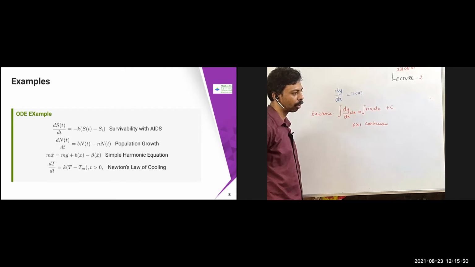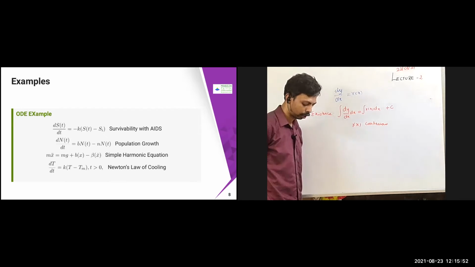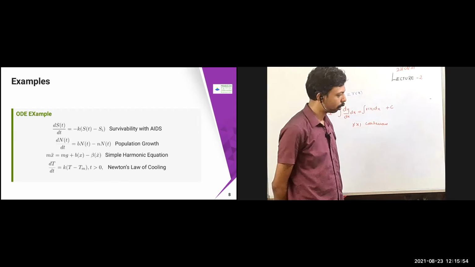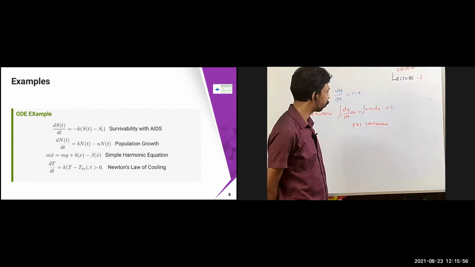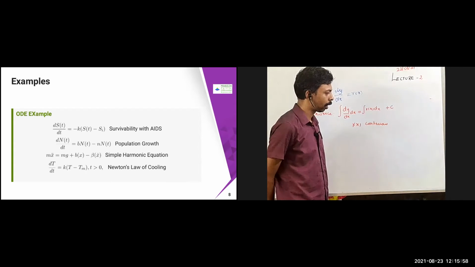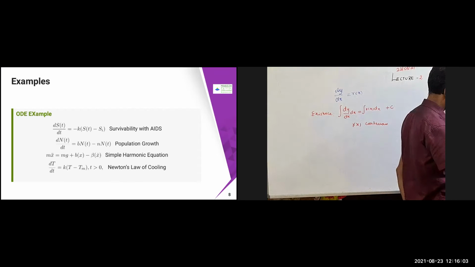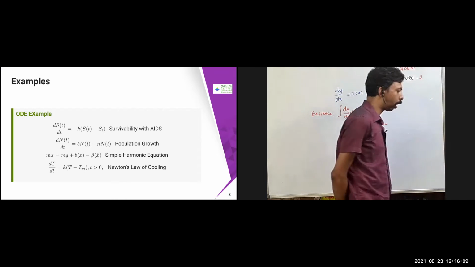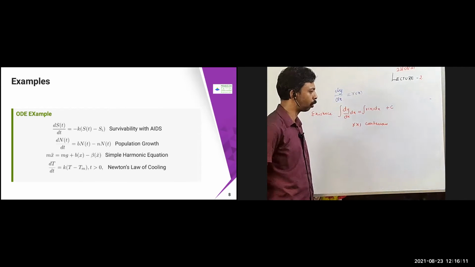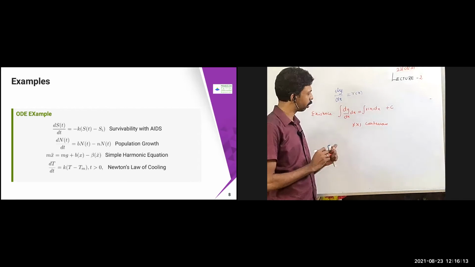So what are all the theorems you have studied in the analysis course on integrals? Could you state one or two theorems? Should I pick someone? Okay. Yeah, Pritam Joshi. Could you tell me one or two theorems in integral which you have studied in the analysis course?